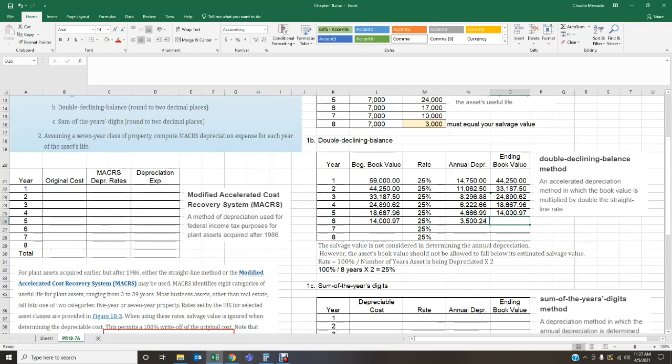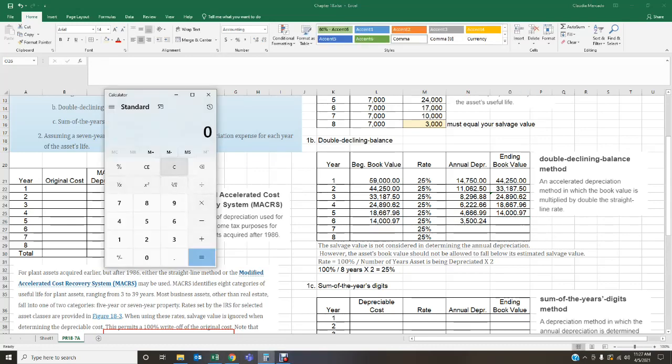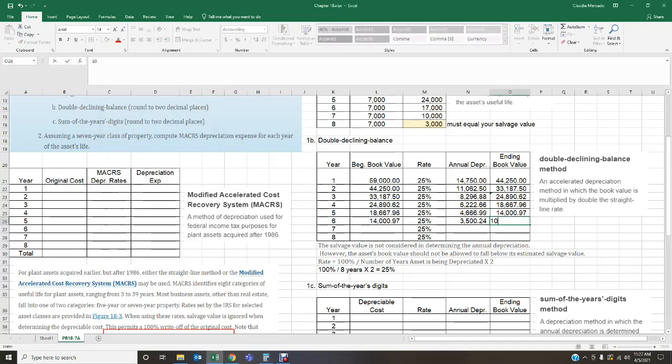Okay, and then I'm going to get my 14,000 minus my 3,500.24. That gives me 10,500.73. Okay. So you get your book value, 14,097, minus your annual depreciation of 3,500.24, and that gives you 10,500.73.